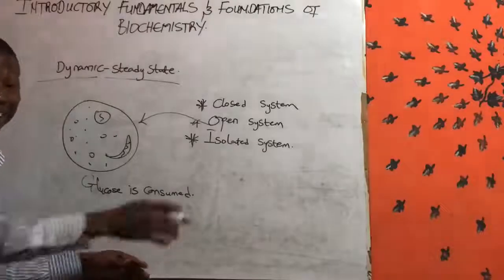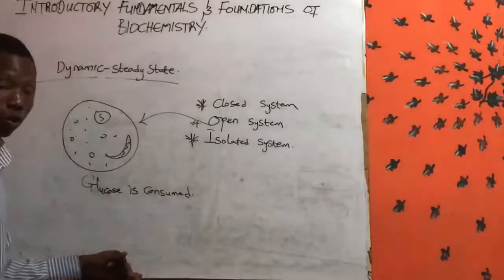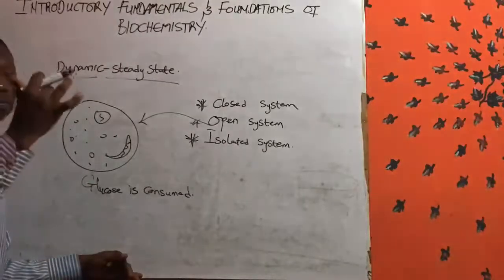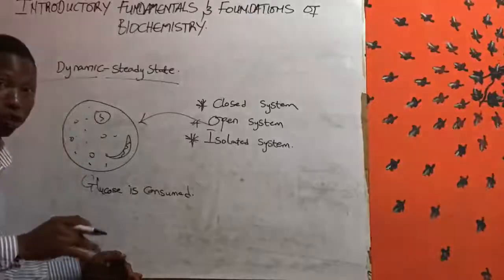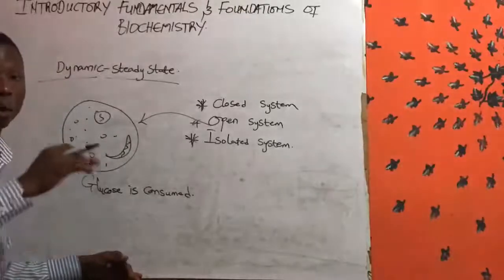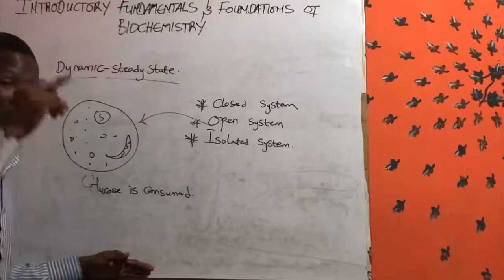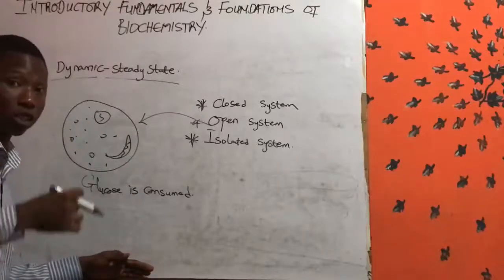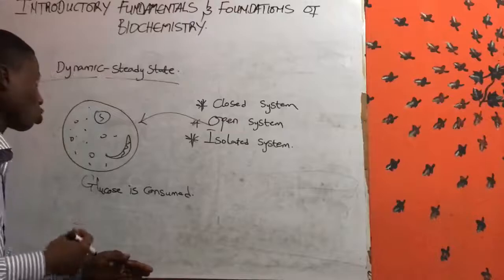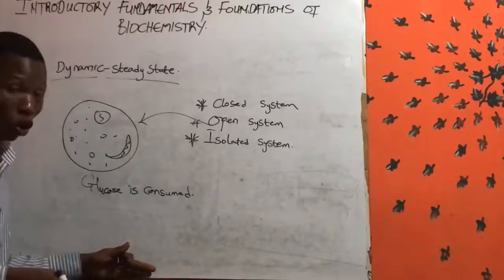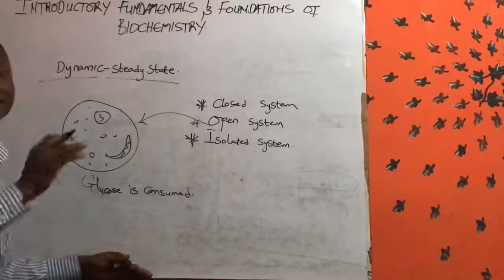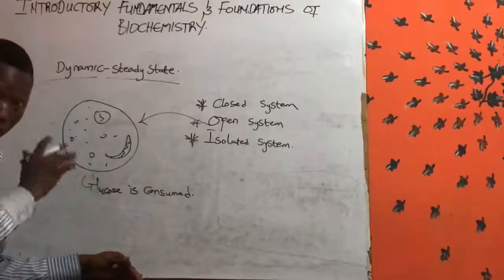In fact, if you are in a lying position, you are still using glucose, because our brain uses majorly glucose as the source of fuel. There are other tissues in our body. For instance, the retina uses glucose majorly as the source of fuel. So either you are sitting or walking, glucose is constantly being consumed.